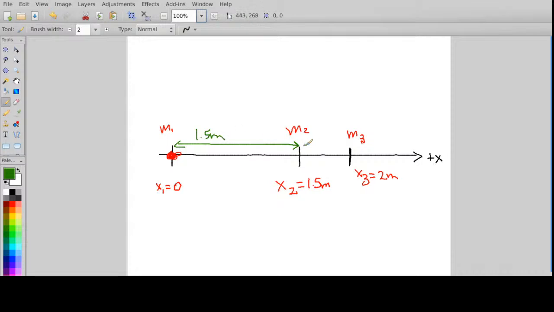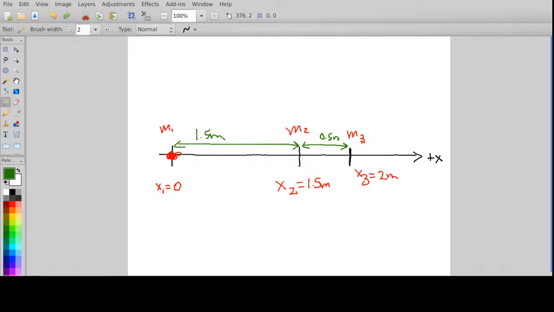We'll need that in a minute. But this distance here is only half a meter. And you go, why is it only half a meter? Well, from 1.5 to 2 is only half a meter distance. So that's what's going on there.